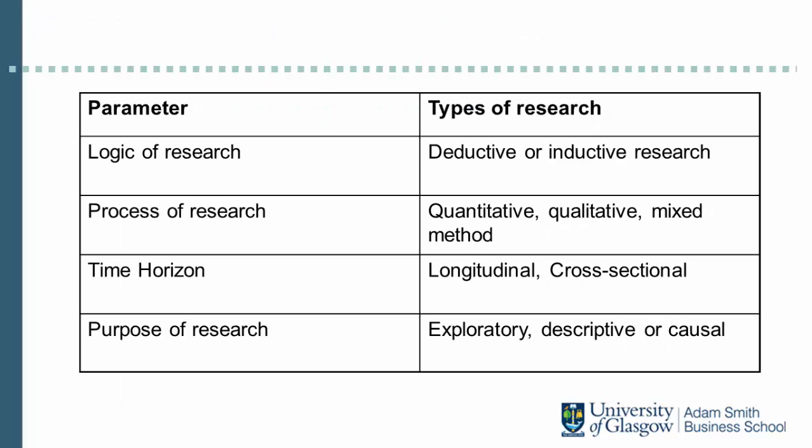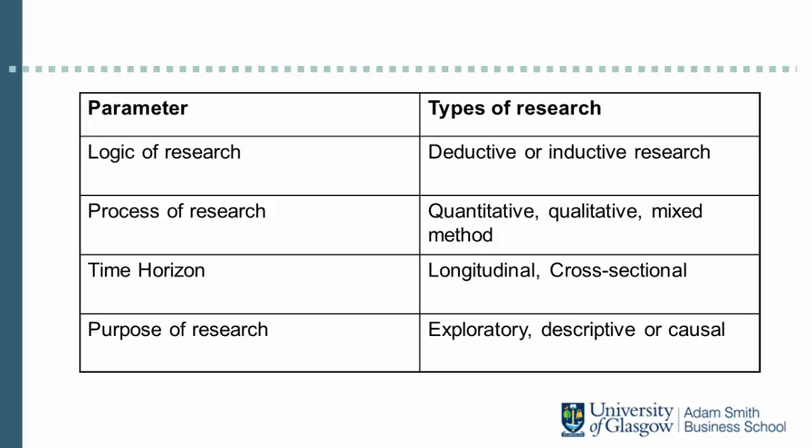I like to think about research designs in terms of the following parameters: logic of research, that distinguishes between deductive and inductive research; process of research, where we talk about quantitative, qualitative and mixed methods. We can also distinguish between short-term and long-term designs, where longitudinal versus cross-sectional design come in.